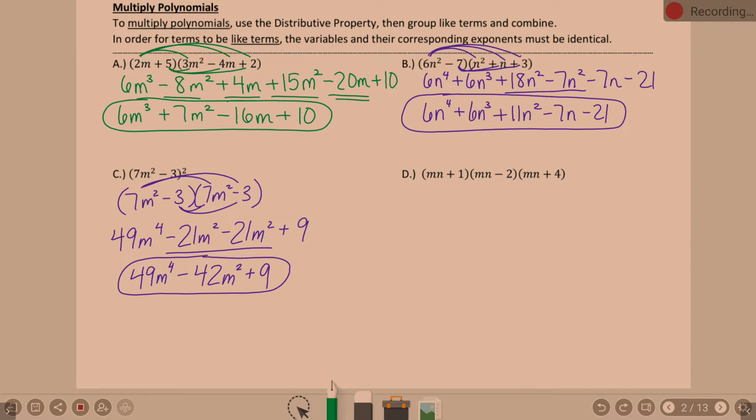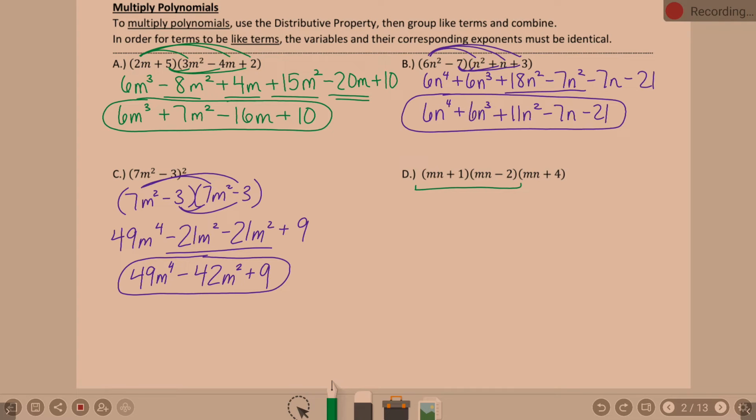Thoughts? Perfect. (mn cubed) And then plus 1 minus 2 plus 4. Take the first term and distribute the second. Okay. My recommendation is we're going to start by looking at these two right here.